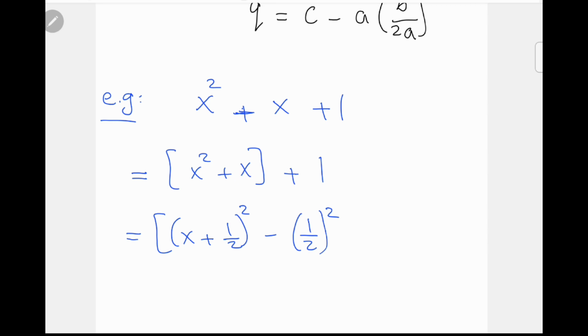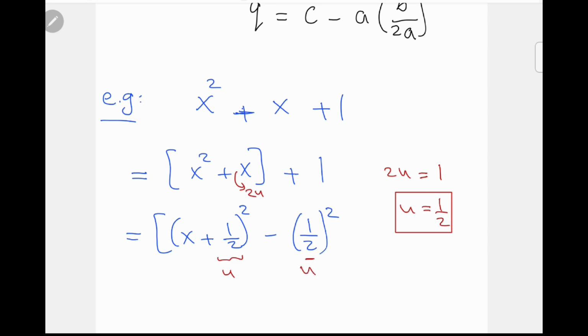Remember that I should create the 2u, and if this is equal to 2u, then 2u equals 1, so u equals 1/2.